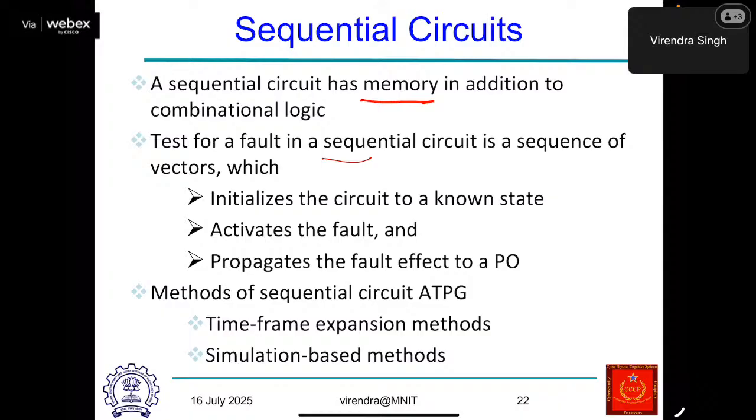Now that particular area becomes a gray area, because I have abandoned test generation for that fault. It doesn't make any difference if that fault is not there in the circuit. However, if that fault is there in the circuit, I have no way to detect it, because I don't have a test vector for it.